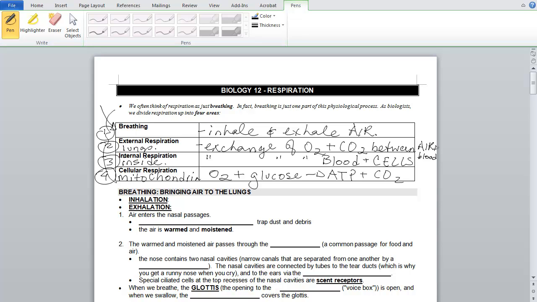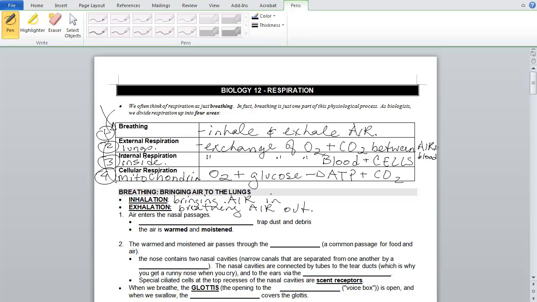So the first part of this system is our airway, and this is breathing, what we're familiar with. Inhalation is bringing air in, and again, emphasis on air, not oxygen. Exhalation is letting air out, and again, it's air, it's not carbon dioxide.